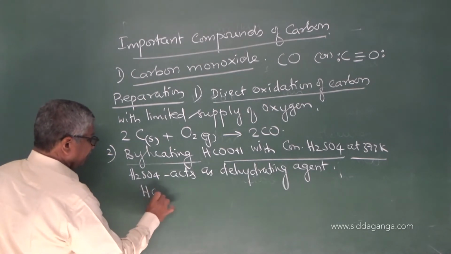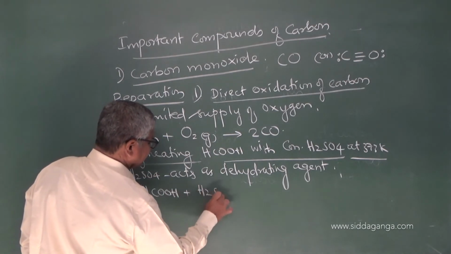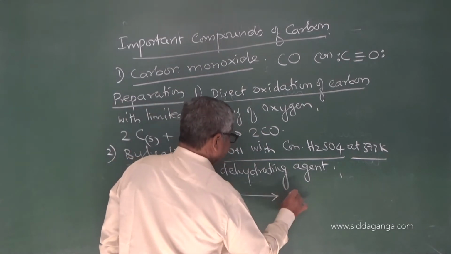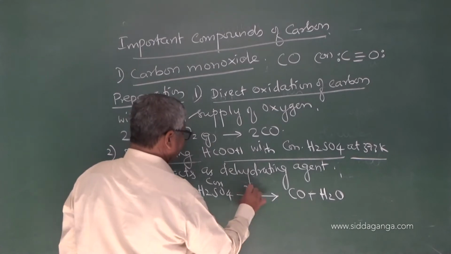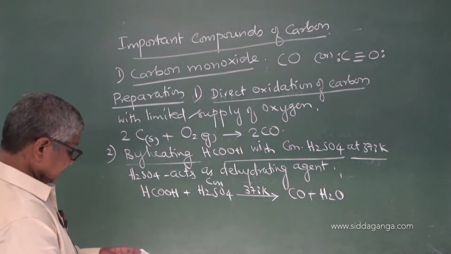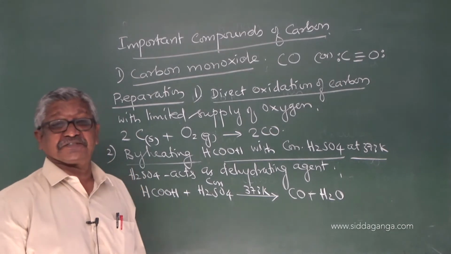So formic acid, when it is treated with sulfuric acid, gives carbon monoxide with water at 373 Kelvin. This is the second method of preparation.